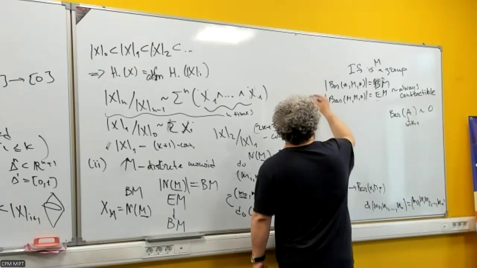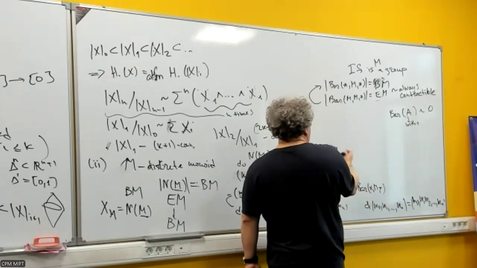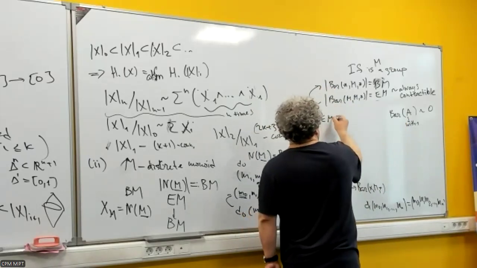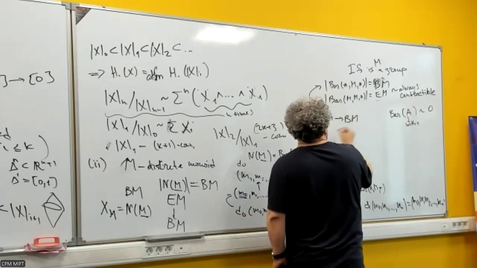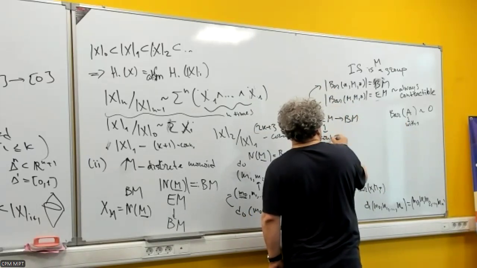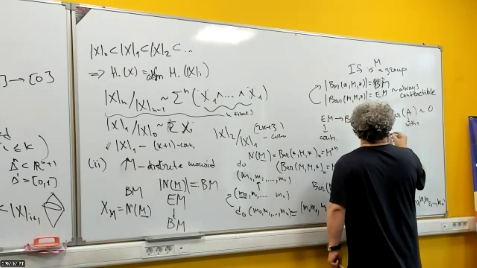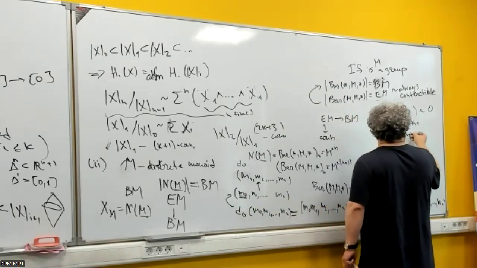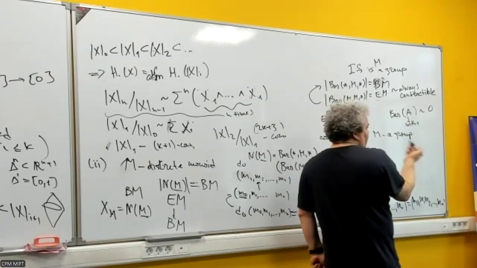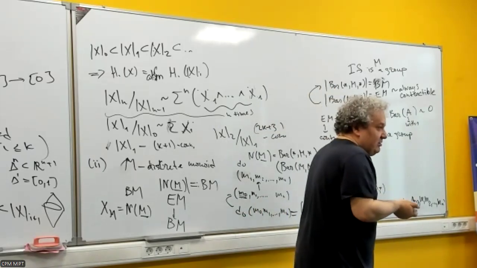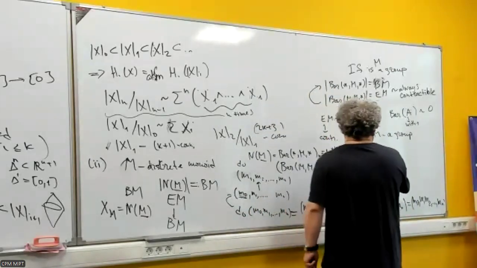So anyway, we always have a map from EM to BM, where this space is contractible, and it turns out that if M is a group, then we can think of this map as a fibration, a Serre fibration, right?